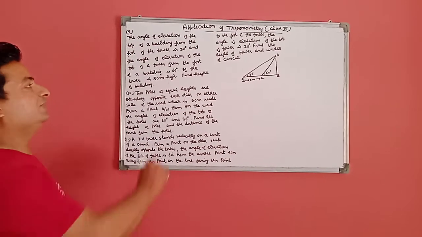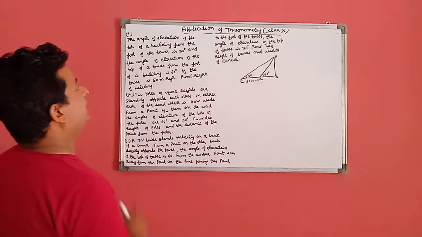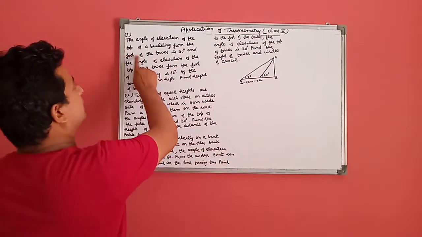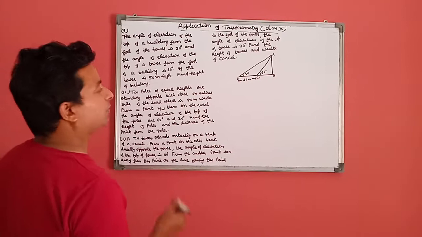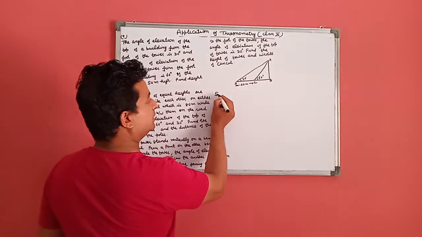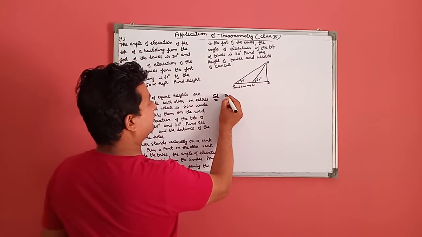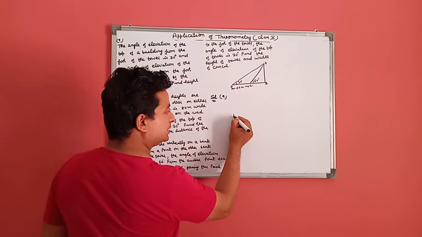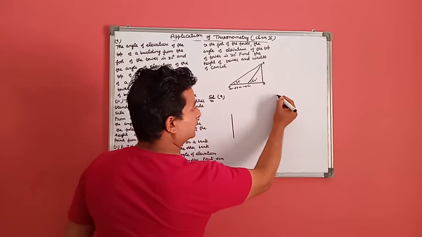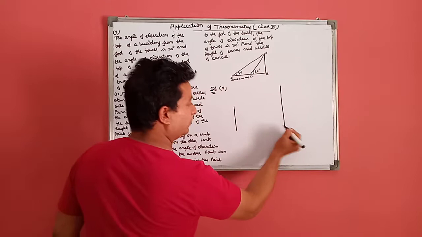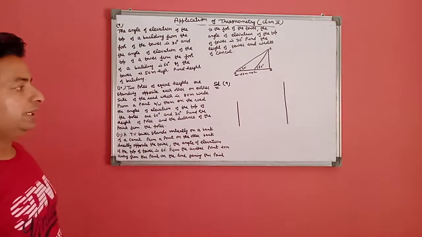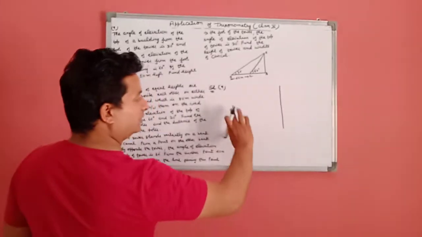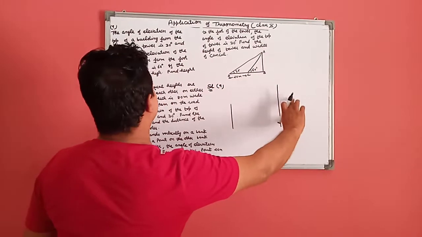In this question, we have given a building and top of a building and foot of tower. This means we have 2 figures. This is one, this is another. First of all, in this figure we find whether this is tower or this is a building.